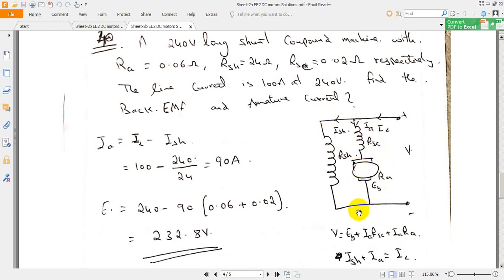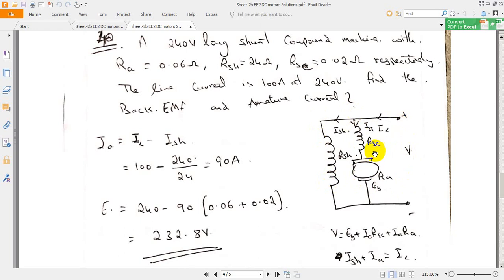Now to this we are giving power supply. When we give power supply, current flows from here, we call this current as line current, and this current gets divided into armature winding and the shunt field winding.